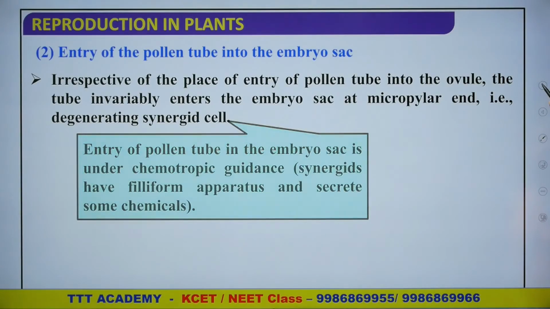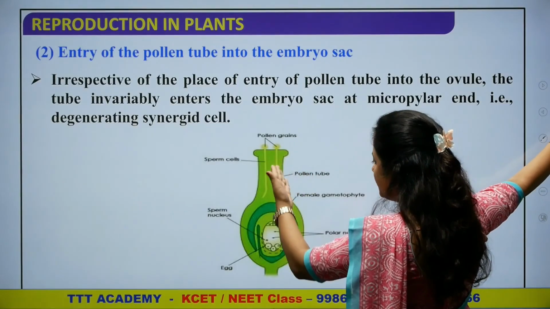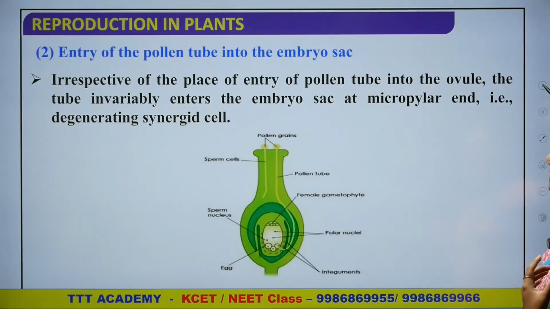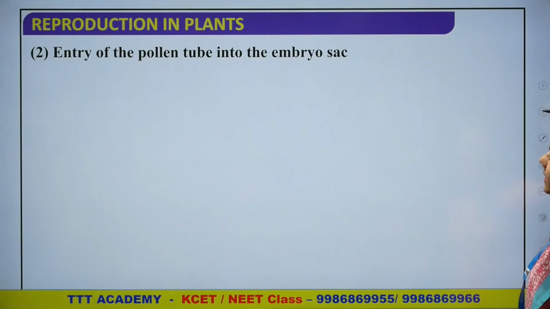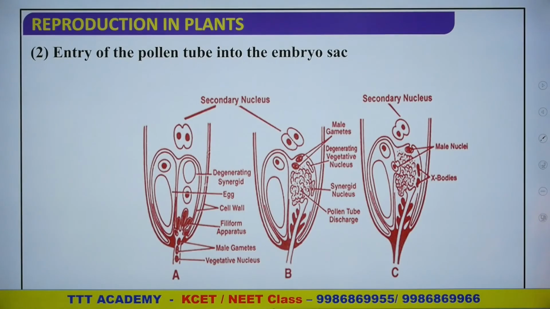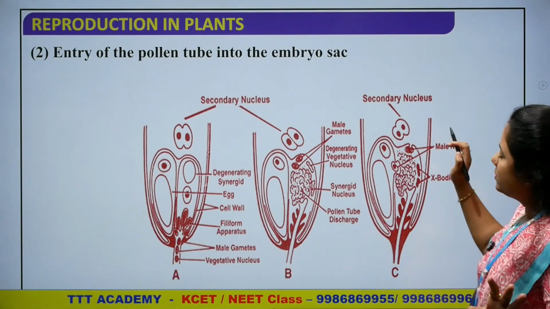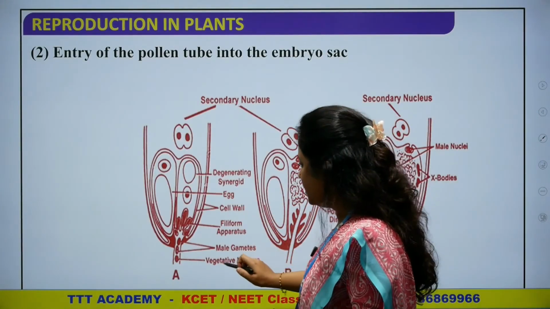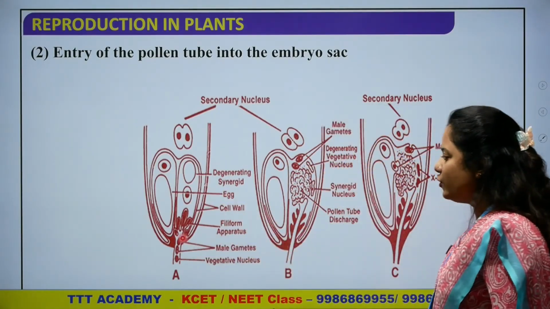Now see, this is the diagram where the pollen grain is germinating. It is towards the synergid. It is again degenerating the synergid cell. Next, entry of the pollen tube into the embryo sac. First the ovule entry should happen, next the entry into the embryo sac is happening. You can see in this condition the vegetative nucleus and male nucleus both are moving towards the filiform apparatus.